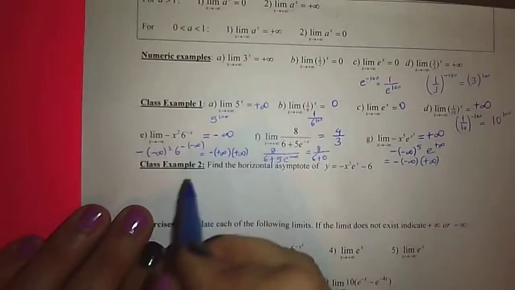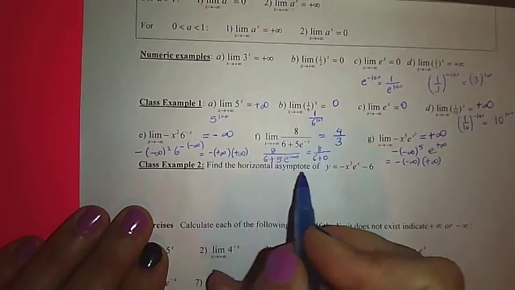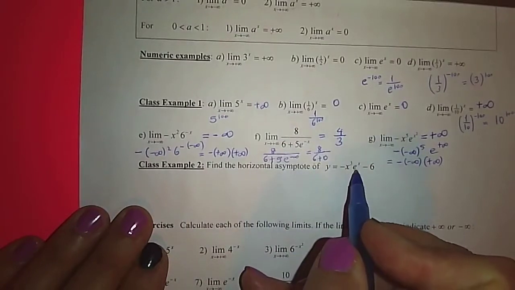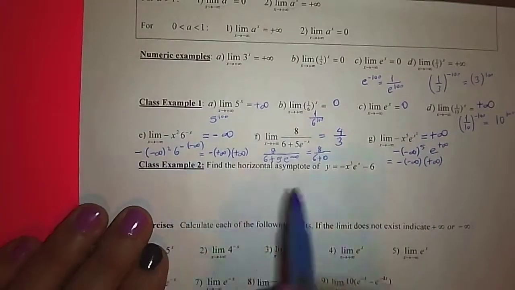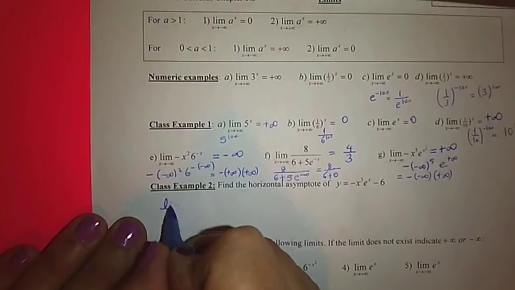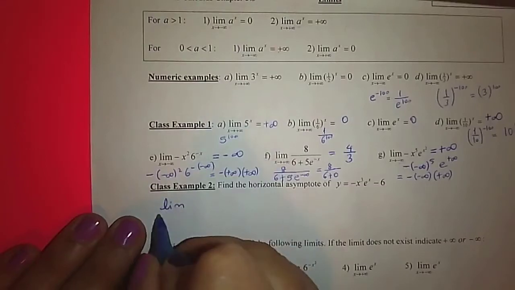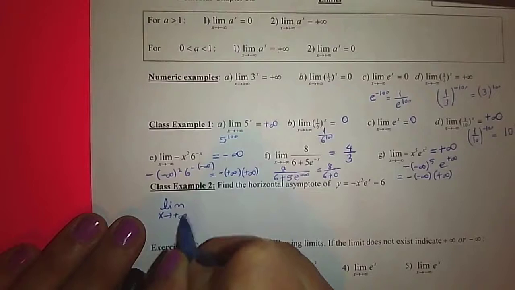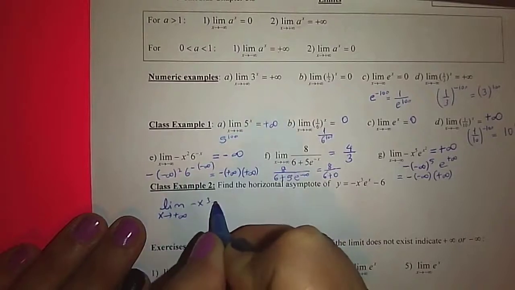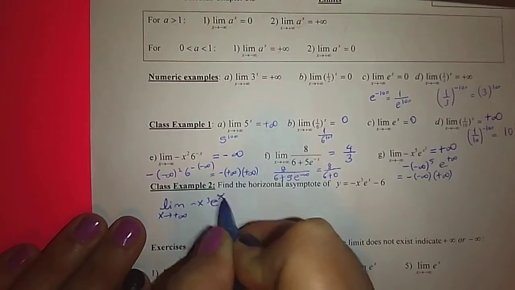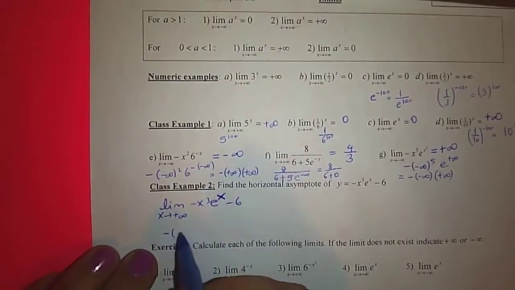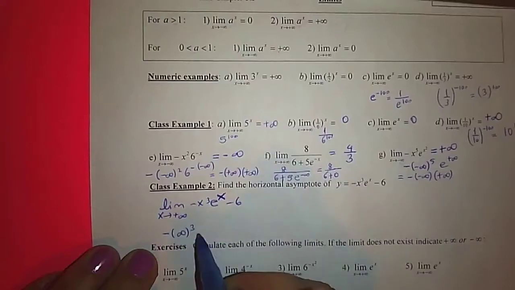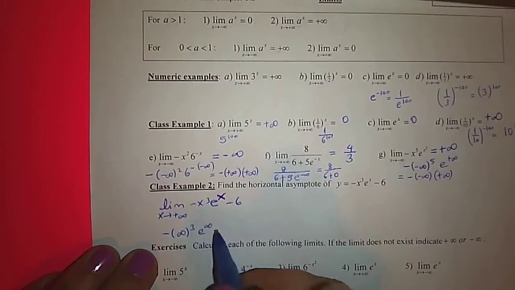Okay. So let's look at example 2. Find the horizontal asymptote of y equals negative x cubed times e to the power of x minus 6. To get the horizontal asymptote, again, we need to check the limit as x approaches negative infinity and positive infinity. So positive infinity first: negative x cubed e to the power of x minus 6. You are cubing the infinity, and e to the power of infinity minus 6.